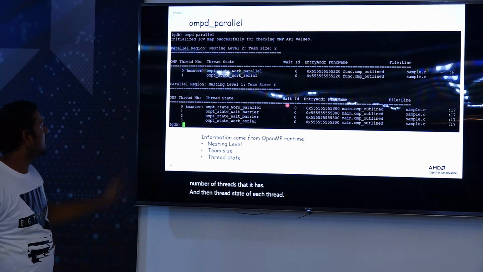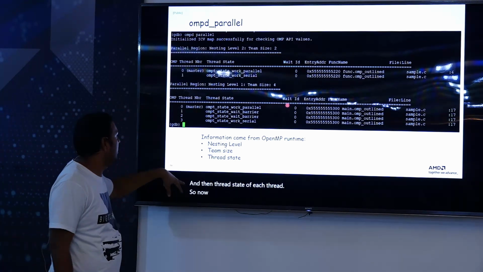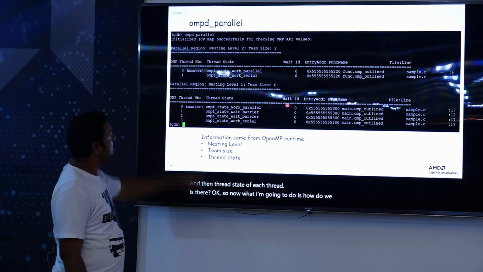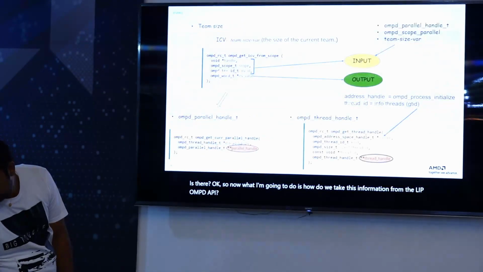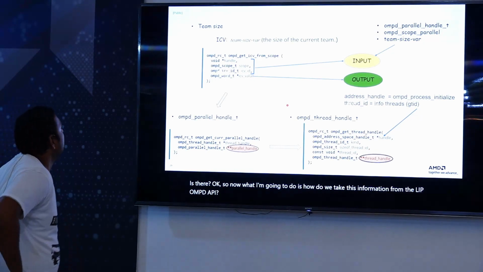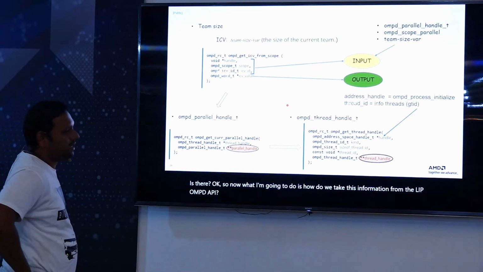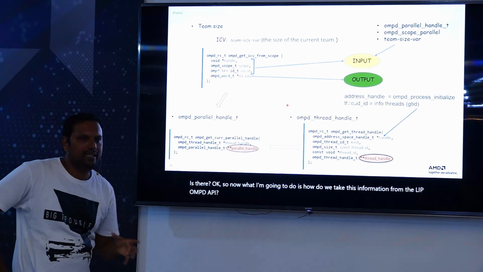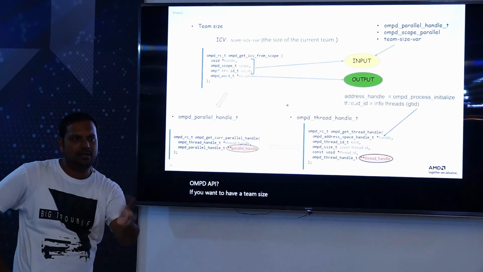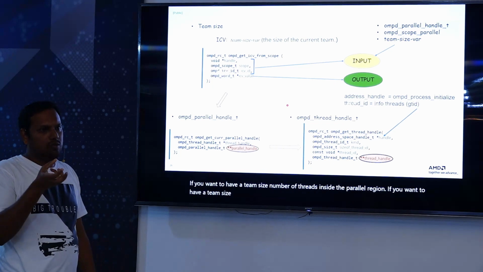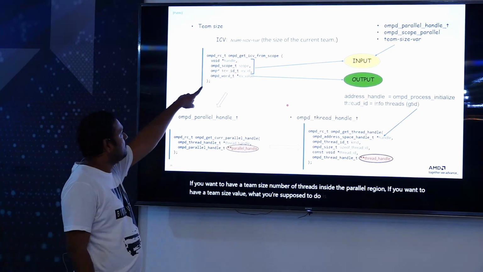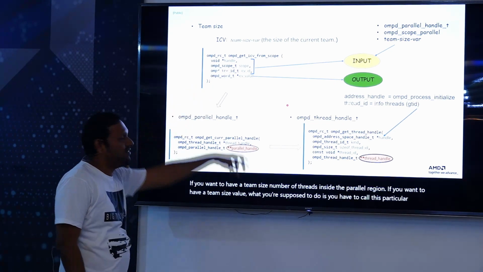So now what I'm going to show you is how we take this information from the libompd API. Okay, let's take team size. Team size is the number of threads inside the parallel region. If you want the team size value, you have to call this particular API, ompd_get_icv_from_scope.